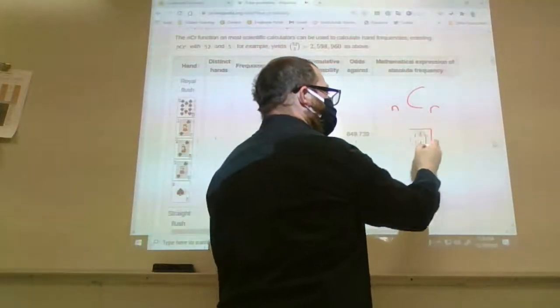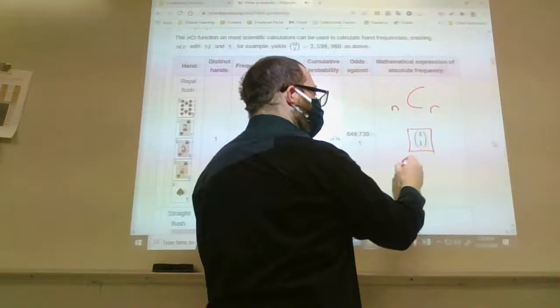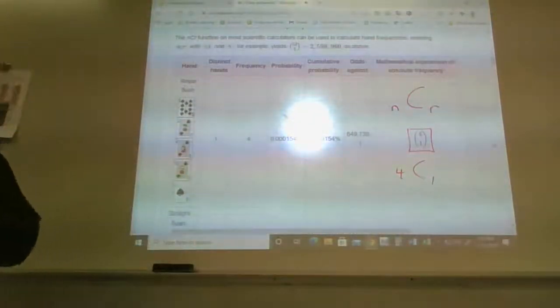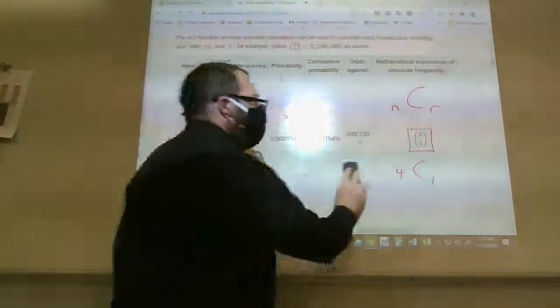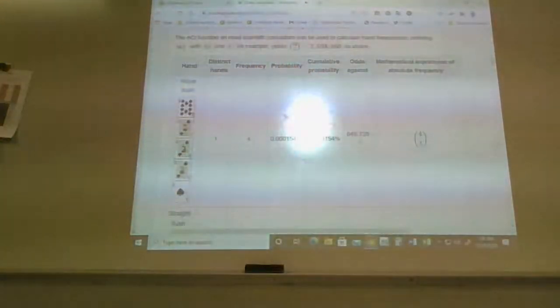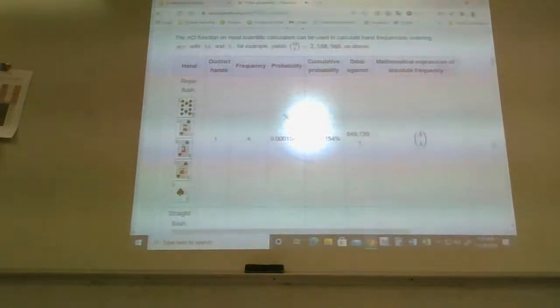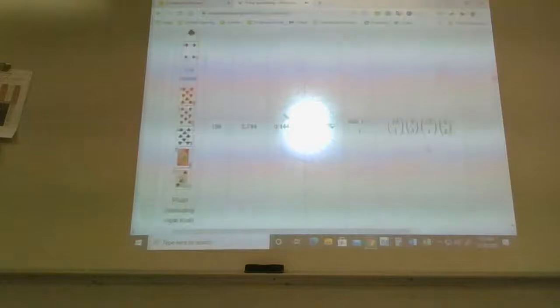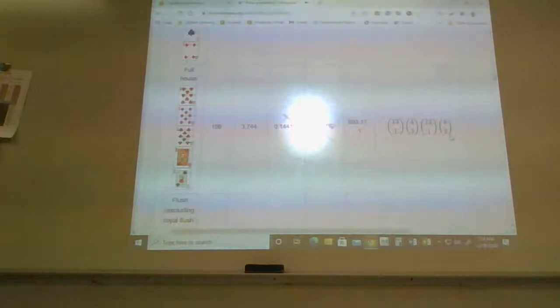That's what this is. This is nothing more than 4C1. It's just an alternative notation that you may see written. And of course, I'll get this into our notes when we actually get there. If I scroll down a little bit, I'm going to scroll down to full house, because that's what we did last time. In your notes, what number do we have written down for the number of full houses that we could get?